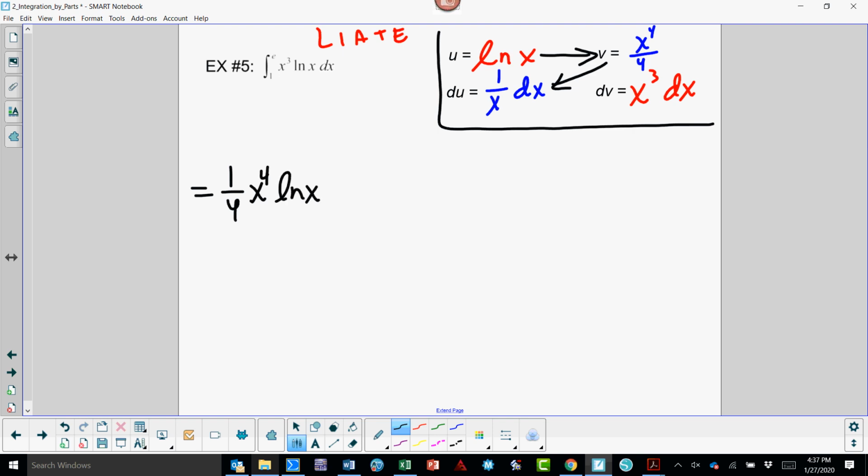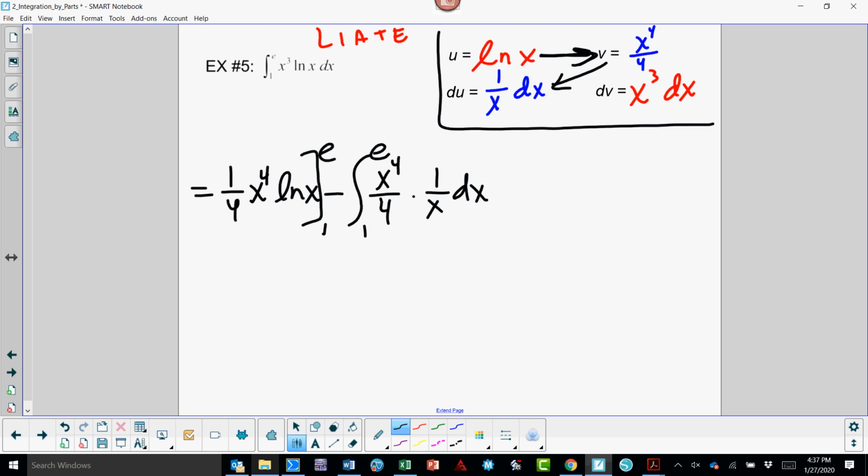Now the reason I could write that nicely is because I wrote it out, so I can get the order written correctly. You always want ln of x to be last. Minus the integral of v du. And then we need to remember we're going from 1 to e, so we need to write that in both places so we don't forget.